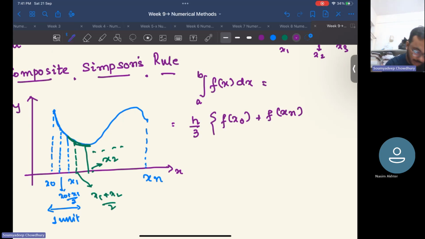First and last term will be ones. Then we'll have 4 into summation of, one second, I'll just replace this. This I'll represent by x1, x1 will be x2, and this will be xn plus 1. I've just changed the notations.